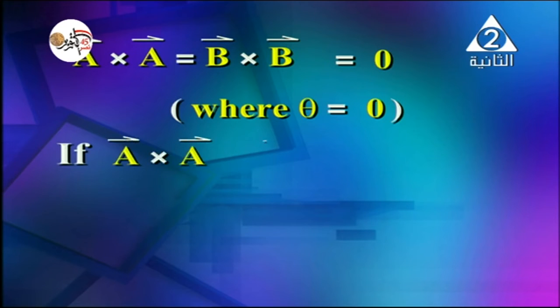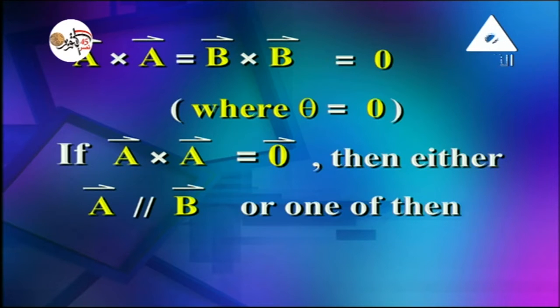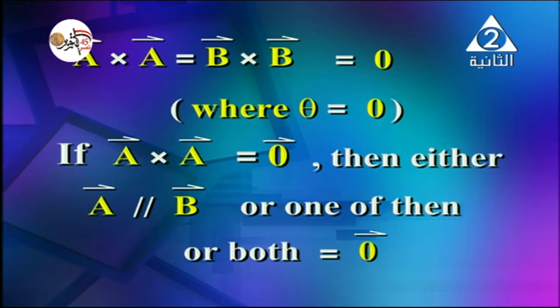If A vector cross B vector equals 0, we deduce that A vector is parallel to B vector, or one of them is the zero vector, or both equal 0.